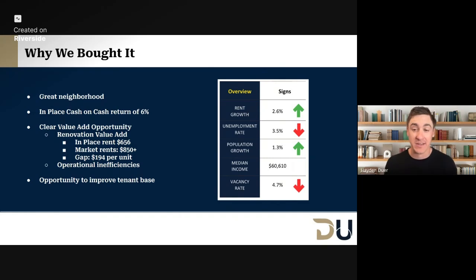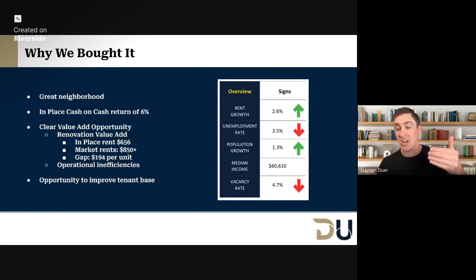One other major factor that was ingrained into me since day one in investing was cash flow from day one. I'm a big advocate for cash flowing properties from a going-in perspective. So when you buy the property, the property still makes money. And that also gave us a little bit of cushion when we went in to renovate these units.